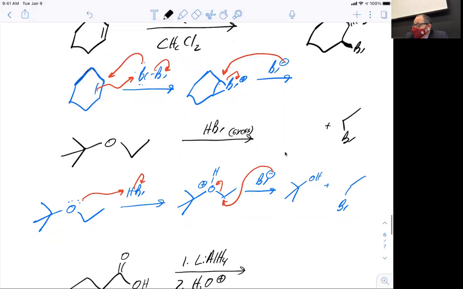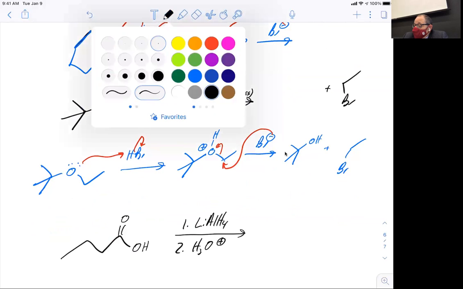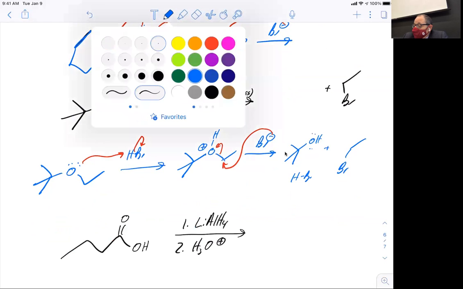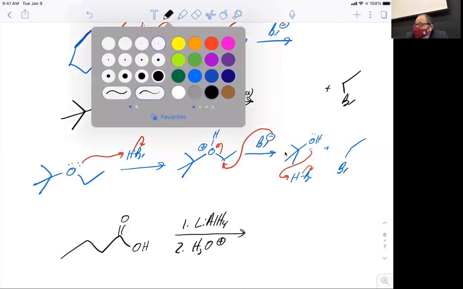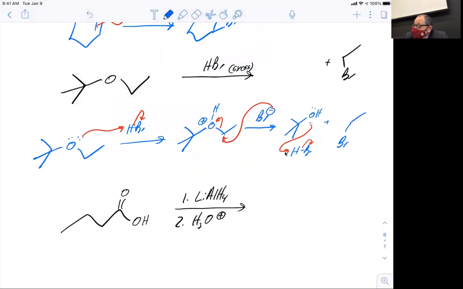And since it's set at excess, we'll get this to occur one more time. So protonation. Let me give myself a little bit more room.